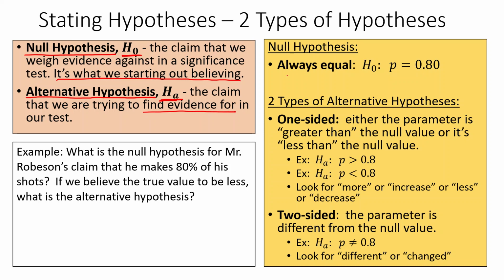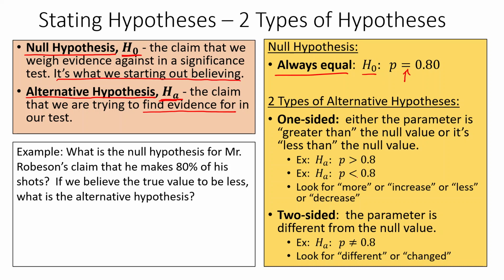All right, so our null hypothesis in this class is always equal to 0, or equal to whatever they tell us. So it's always the equal sign. All right, so our null hypothesis, colon, P equals 80%. All right. For our alternative hypothesis, we have actually three things that can happen. We can think that the P is greater than that 80%.